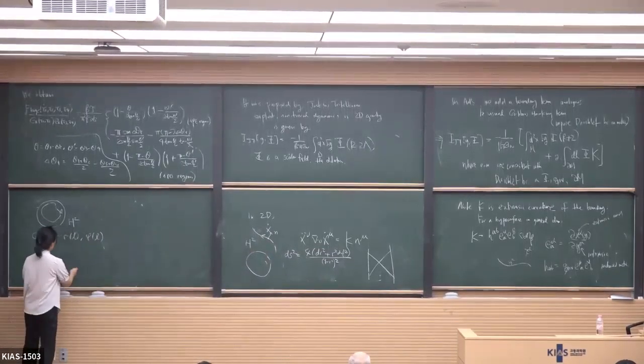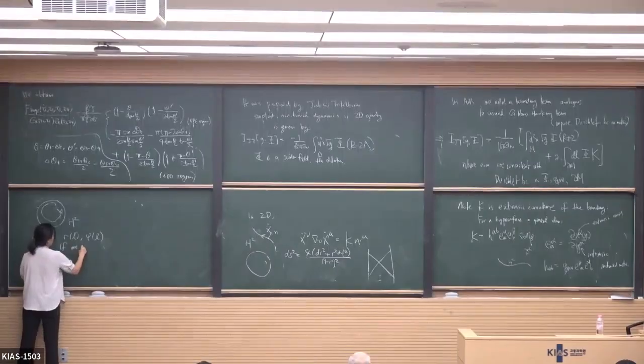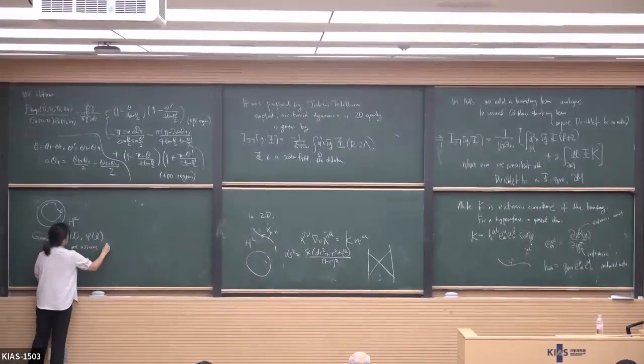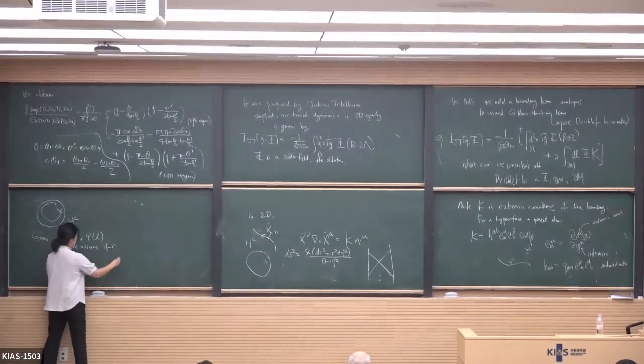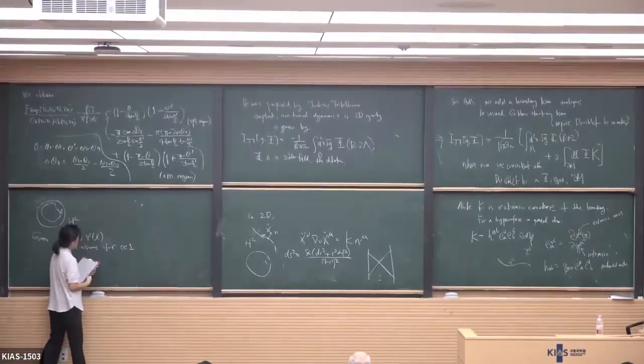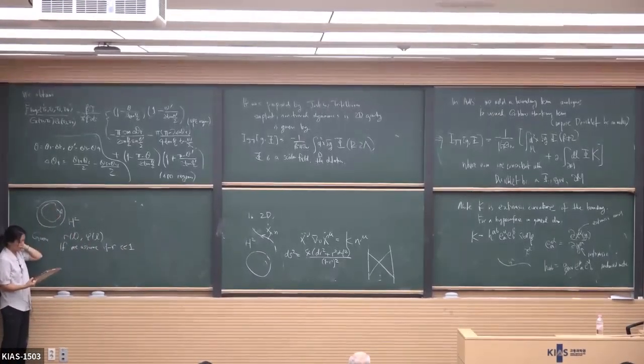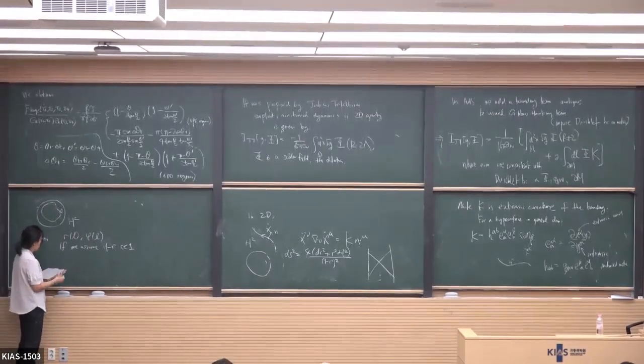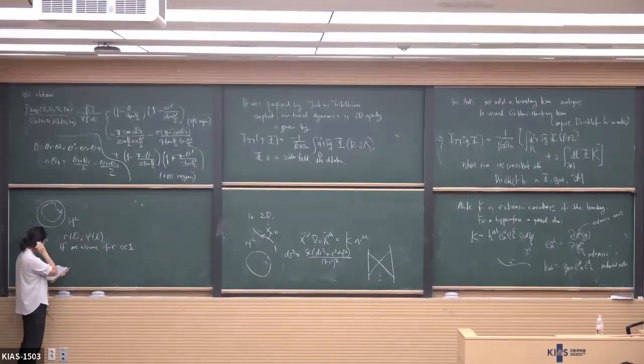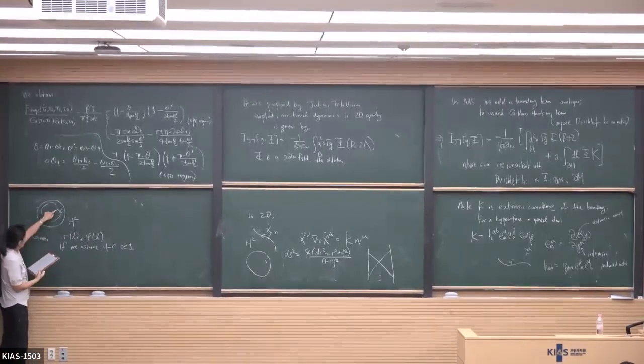If we assume 1 minus R is small, okay, so R is close to being 1, which is where the ADS2 boundary is. And we also need to assume that this is relatively smooth.